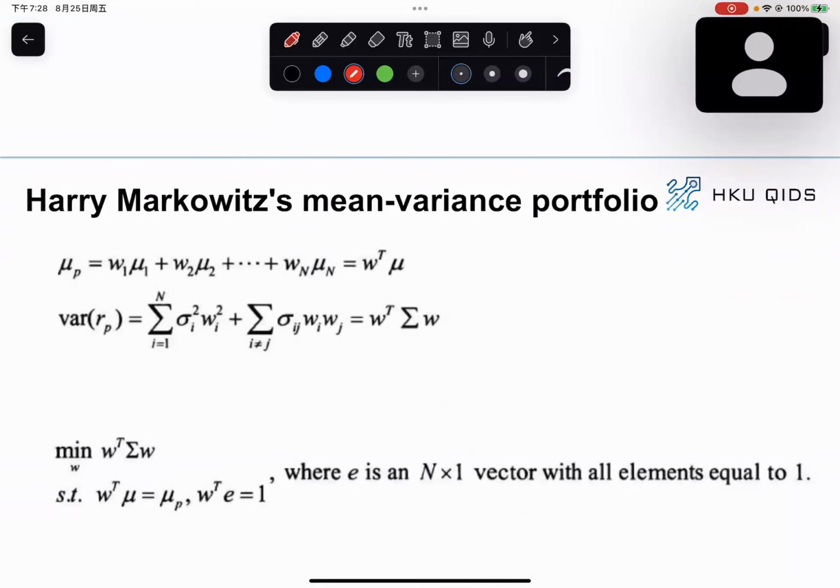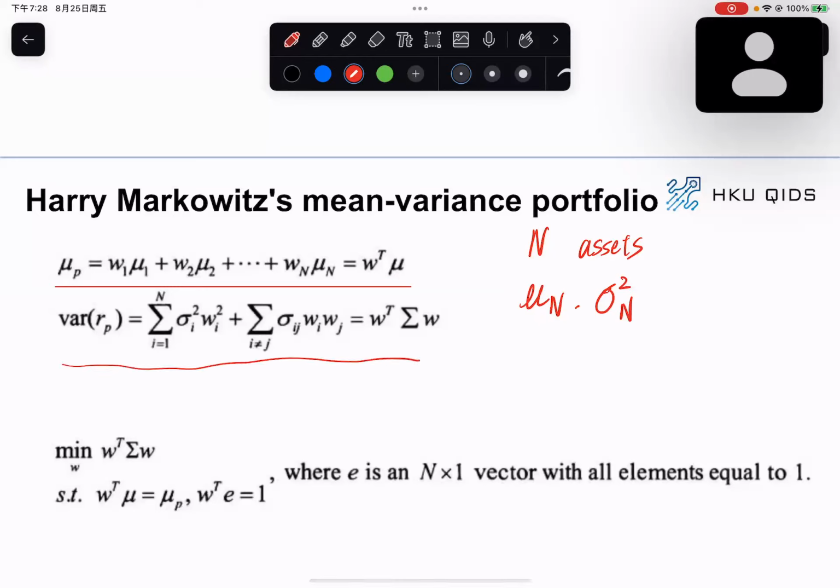Within this portfolio, we have, let's say, n assets, and each of them has a mean of mu n and a variance of sigma squared n. The portfolio's mean is just the weighted sum of the different assets. And the variance is the weighted sum of the variance terms plus their correlations.